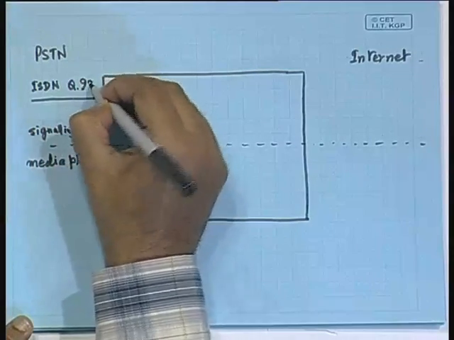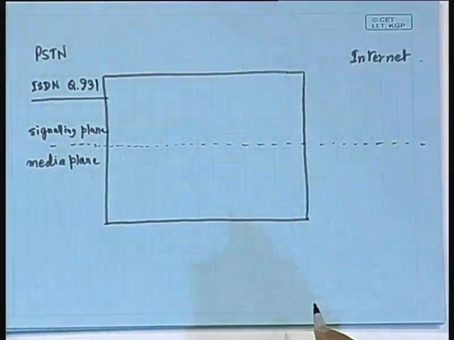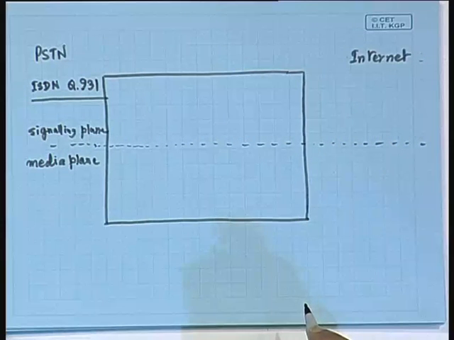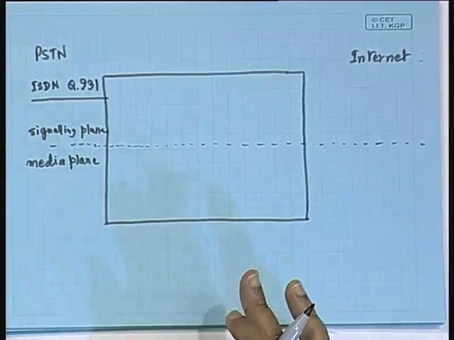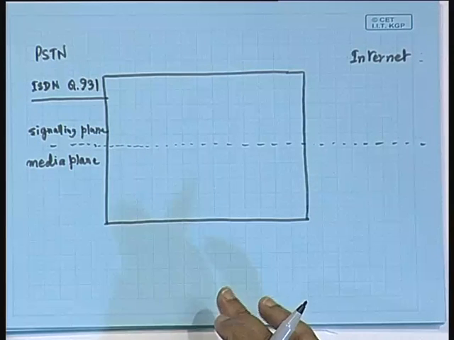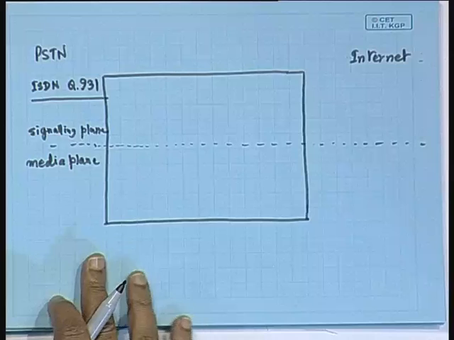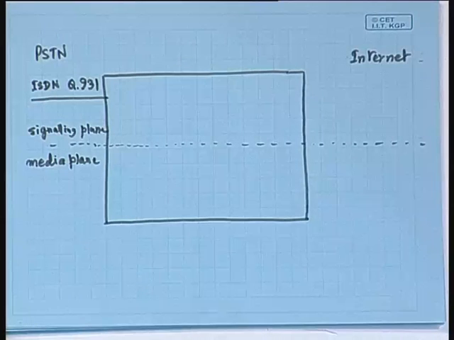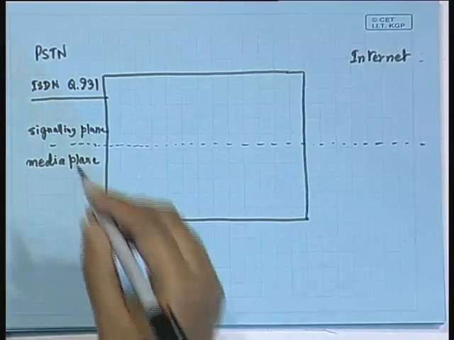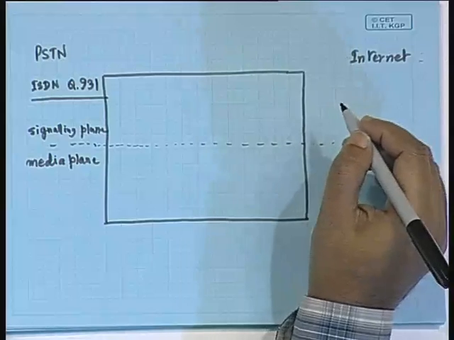Why specifically are we calling it ISDN Q.931? Because Q.931 is also there in the H.323, but here we are specifically talking about the ISDN interfacing part of the Q.931, which should be a part of the PSTN.